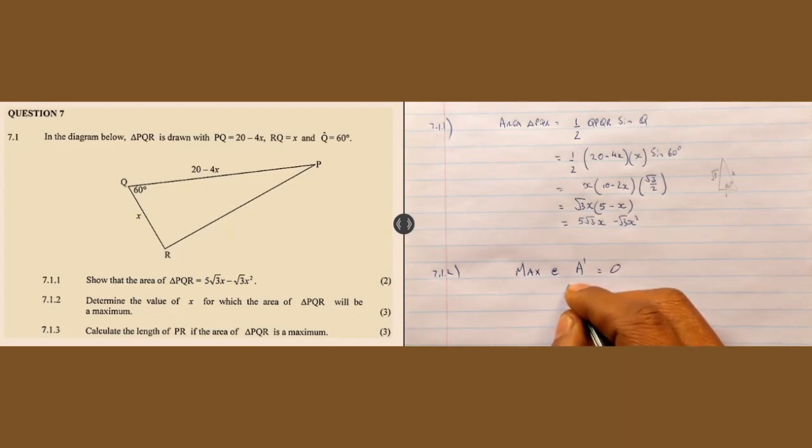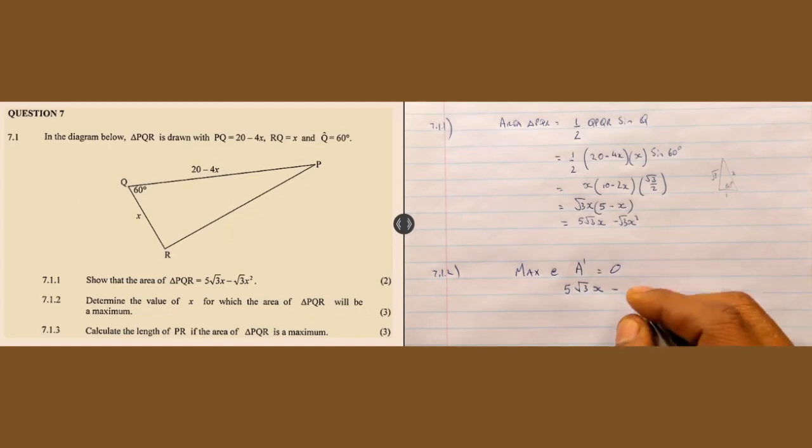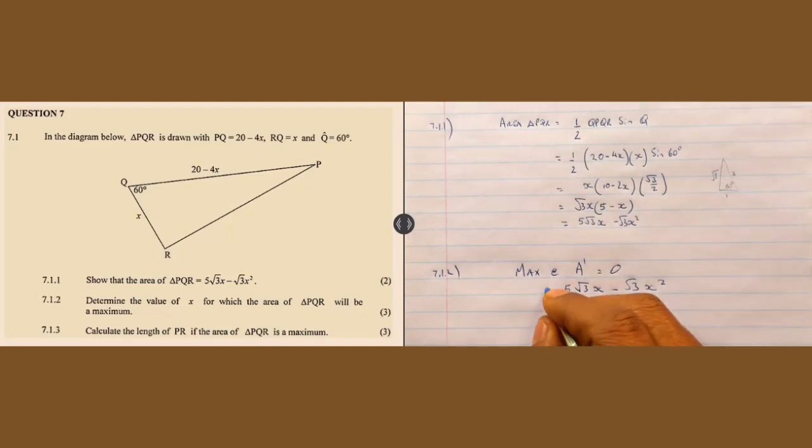the derivative of 5 root 3x minus root 3x squared. So what are you gonna do? You are gonna do dx of this thing. You remember this notation. You don't remember this notation.